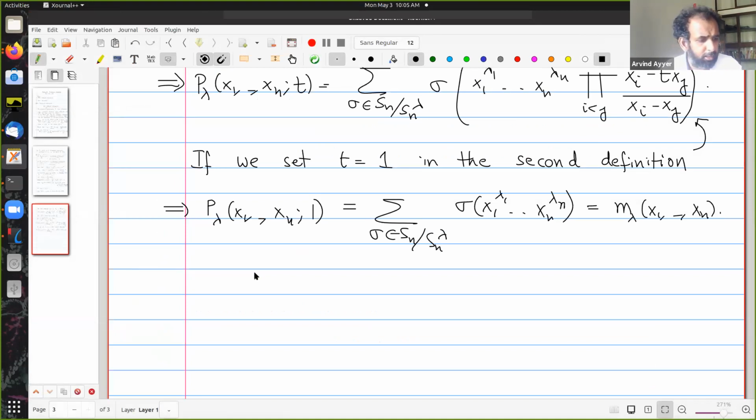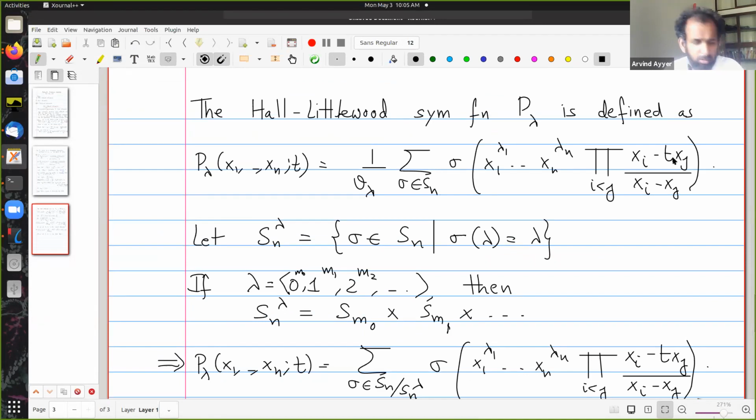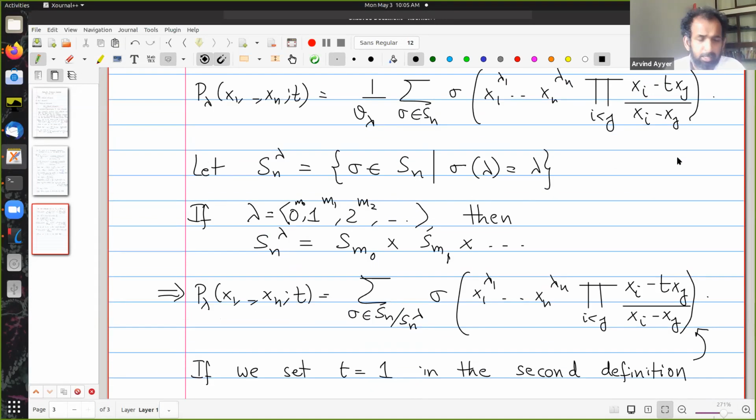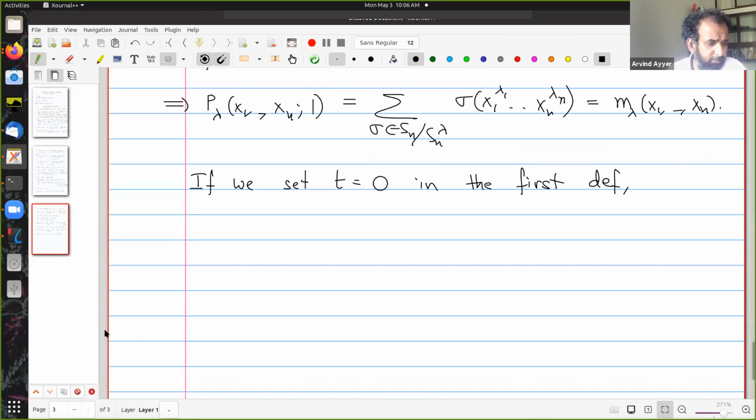Okay, another property that you might have noticed: if we set t equals 0 in the first definition, this one, then what is going to happen is that you'll get e lambda of x1 up to xn, 0.